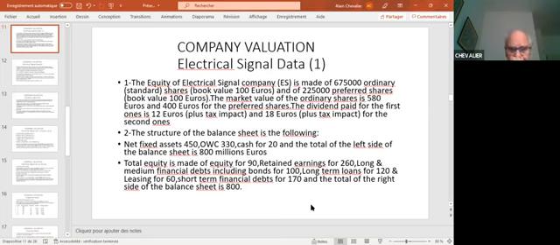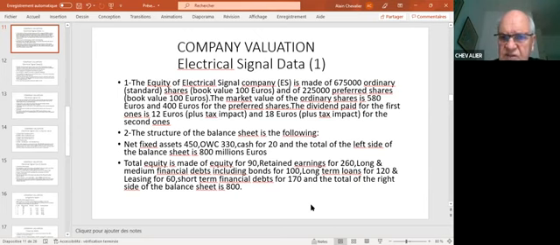Second element, the structure of the balance sheet is the following. Net fixed assets 450, operating working capital 330, cash for 20, and the total of the left side of the balance sheet is 800 million euros. Total equity 490. You add 3 zeros, of course, to each of the numbers.